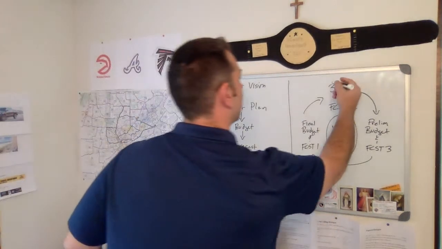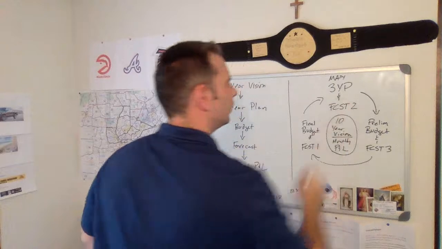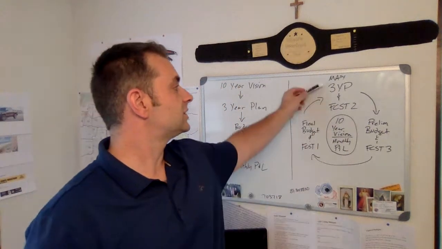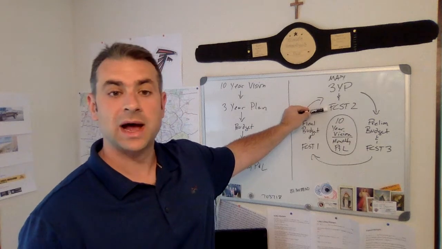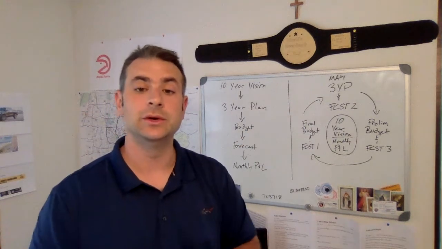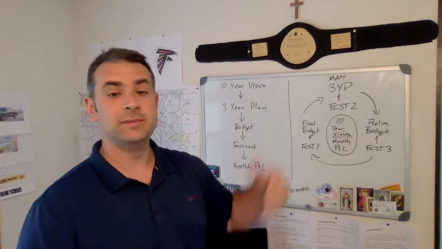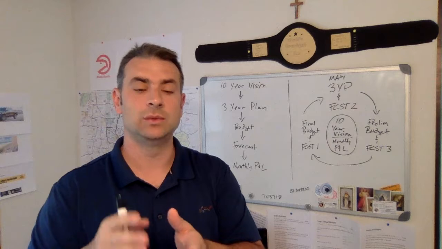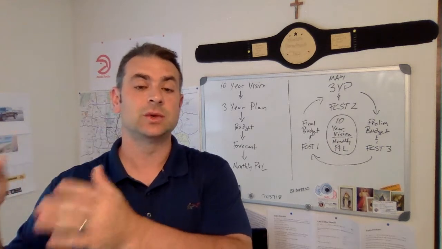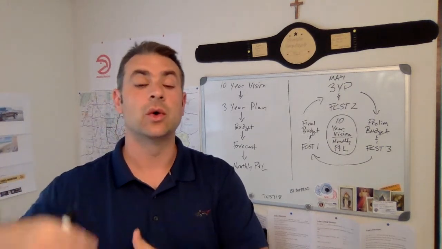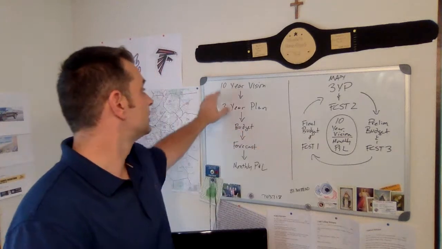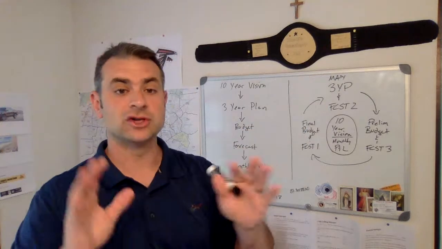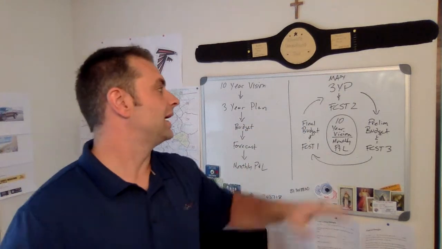Ideally this would be completed at the end of May every year, where we'd start off by updating our forecast for what we think we can do for 2018, and then make projections based on that, where we think we're going to land, what 19, 20, and 21 are going to look like or need to look like in order for us to be on track to this 10-year vision. So this is the first step, if you will, in the planning process.